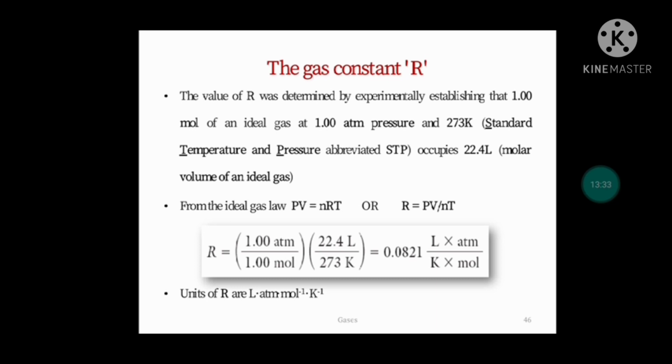We have pressure, number of moles, volume and temperature. So using all these things we can calculate the value of R, that is 0.0821 liter atm per Kelvin per mole.